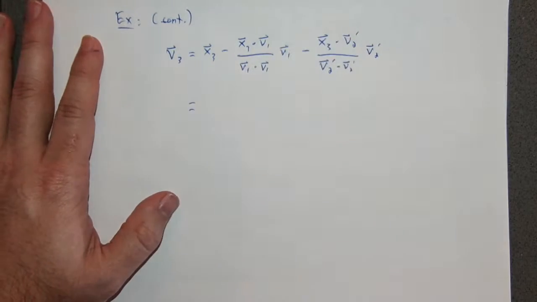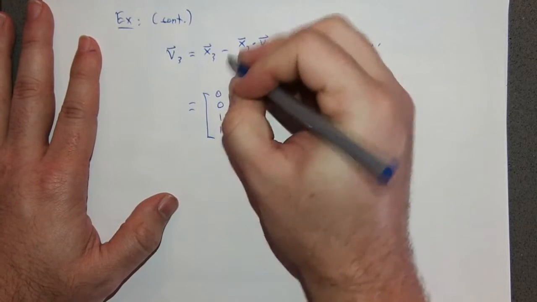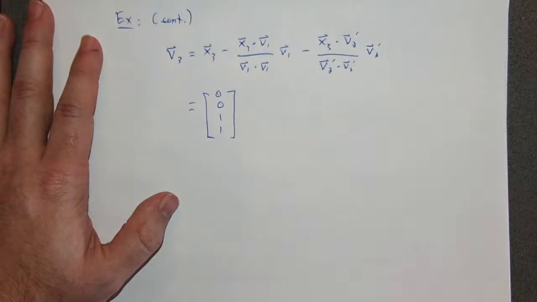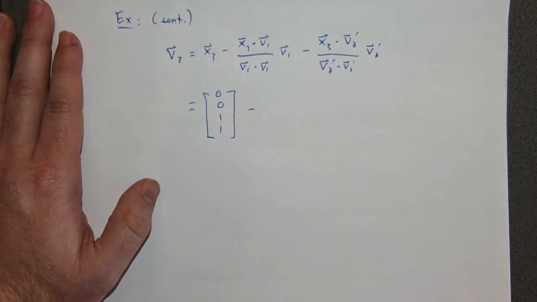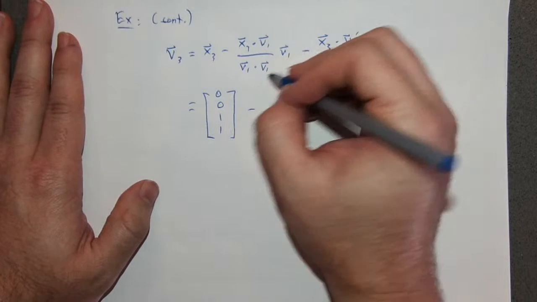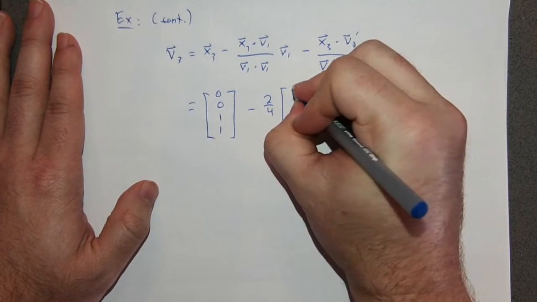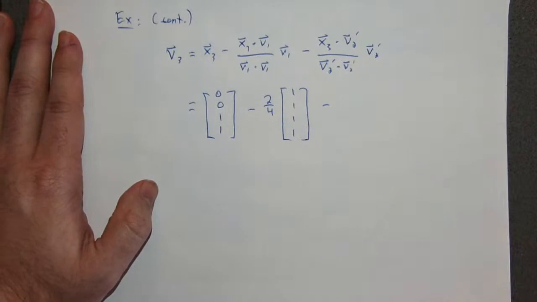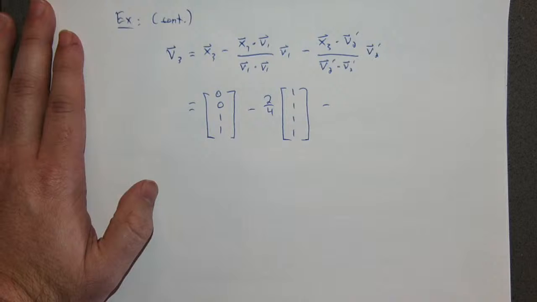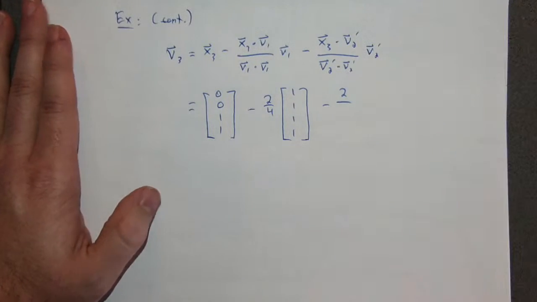So x3 was, not going to bring the other page back. You can rewind the video. So this is 0, 0, 1, 1 here, minus x sub 3 dotted with v1 over v1 dotted with itself, so this is 2 over 4 times v1, which is just x1, so this is 1, 1, 1, 1, minus x sub 3 dotted with v2 prime, which is also 2, over v2 prime dotted with itself.